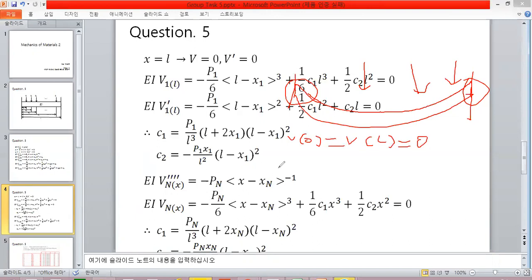And we also know that V prime (x) equals the angle deformation at x. So V prime (0) and V prime (L) would also have to be 0.